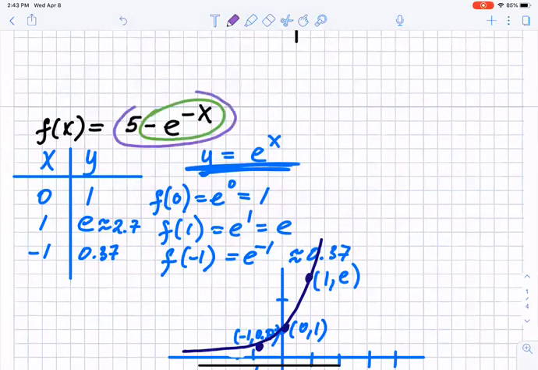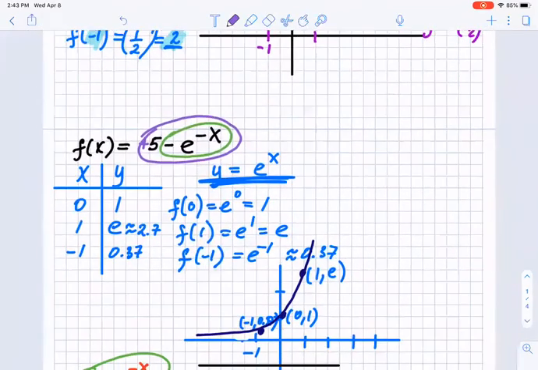Let's take care of the 5. So 5 is not multiplied. That means, since it's outside, it's moving up or down on the y-axis, right? So it's a plus. That means it shifts 5 units up.